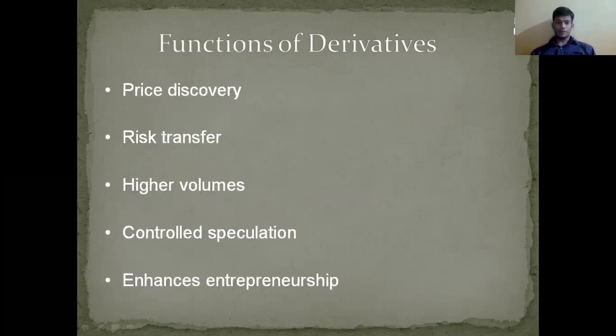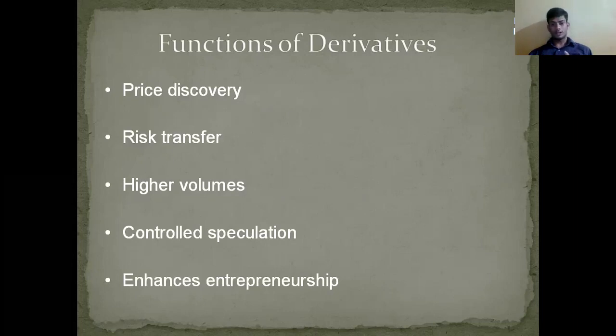Functions of derivatives. First, price discovery. Derivative markets like the National Stock Exchange, Bombay Stock Exchange, and other stock exchanges, and commodity exchanges for commodities. Here the main thing is that the price is discoverable, because goods are sold at a similar rate to anyone.